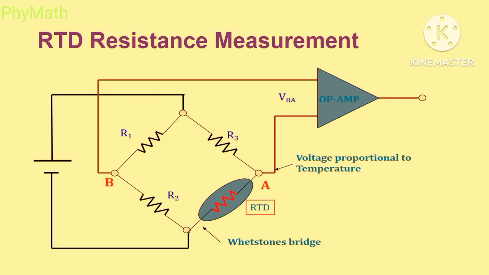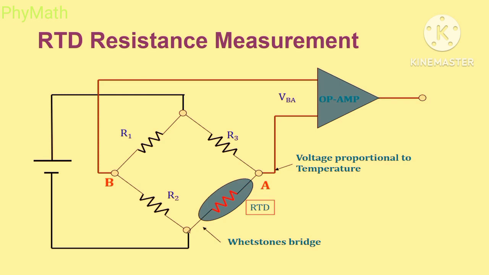Now your Wheatstone bridge will work in two conditions. First one is balanced condition and second one is unbalanced condition. What is balanced condition? If R1 upon R2 equals R3 upon the resistance of RTD, then your Wheatstone bridge is in balanced condition, and then the output voltage will be equal to 0.